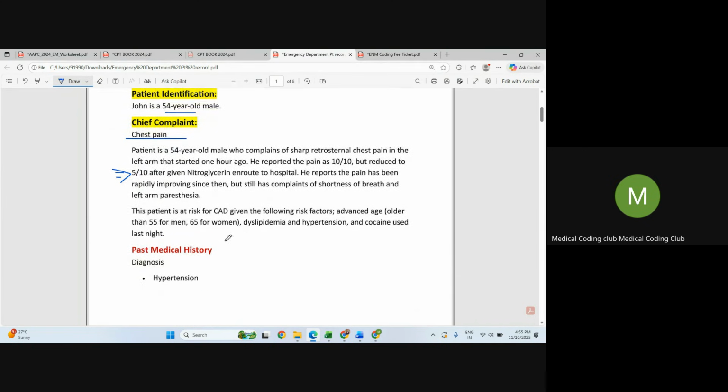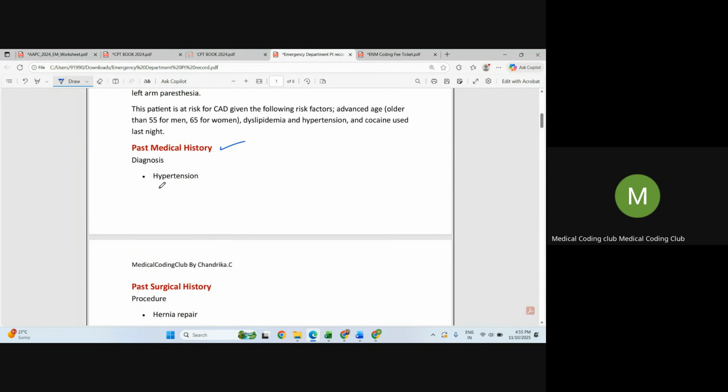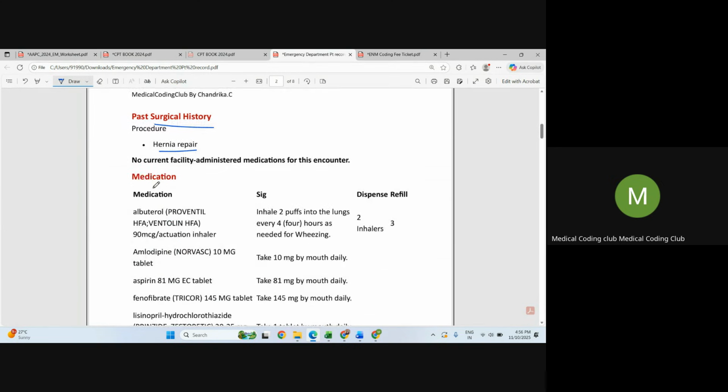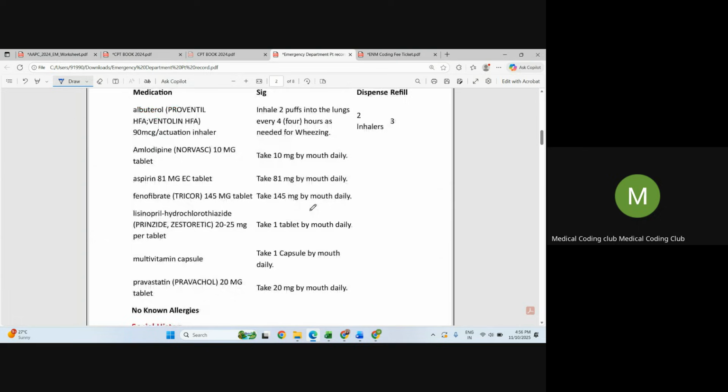Next, past medical history. This is also important. You need to check that in the past he had hypertension. Coming to past surgical history, hernia repair. Next, medication. There are too many medications.